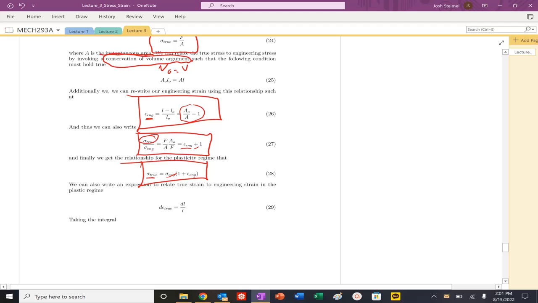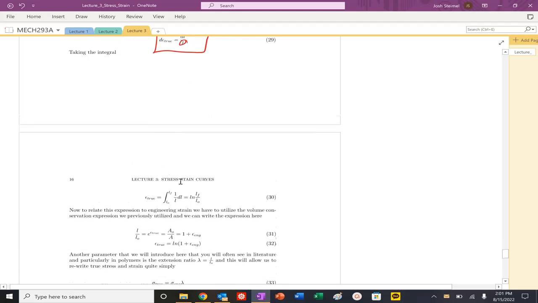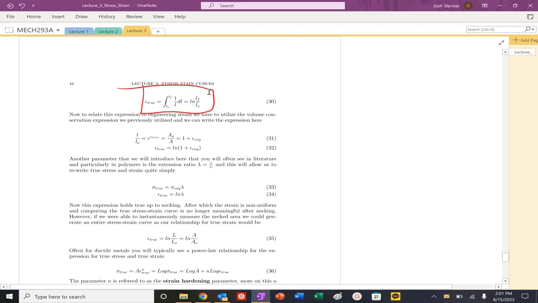I could do something similar for true strain: take the integral of the change in length over the instantaneous length, from the initial length to L final. With some rewriting, I find that my true strain is going to be the log of 1 plus engineering strain.